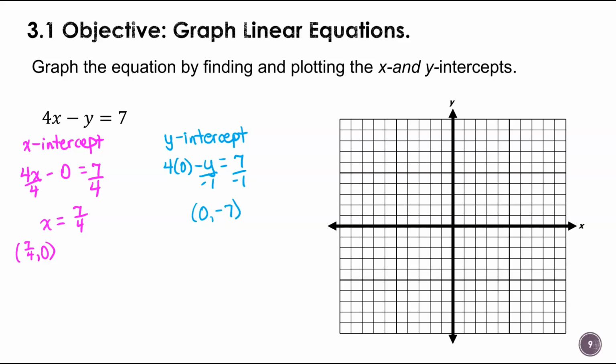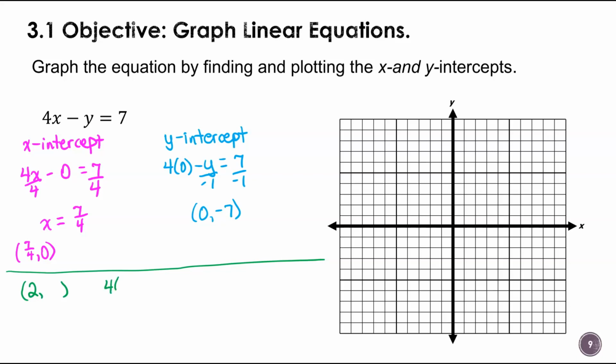And then it's always a good idea to just find a third ordered pair as a checkpoint, right? Something that's going to make this easy to work with. And so if I put in, let's say for x, I put in a 2, right? Now I know this is going to work out because all I have to do is divide by -1 on the y, right?